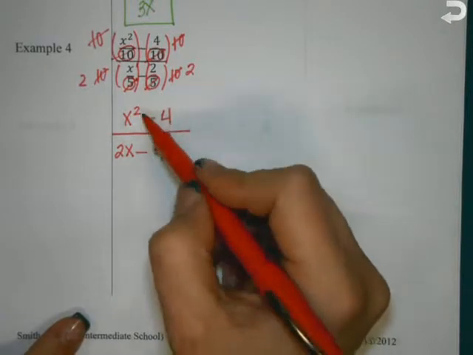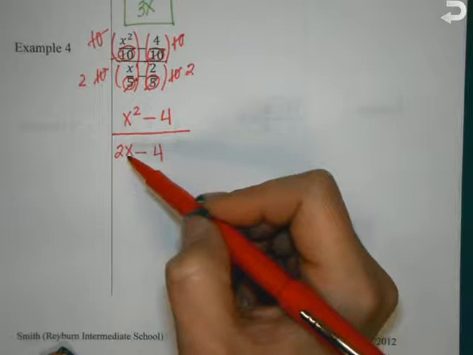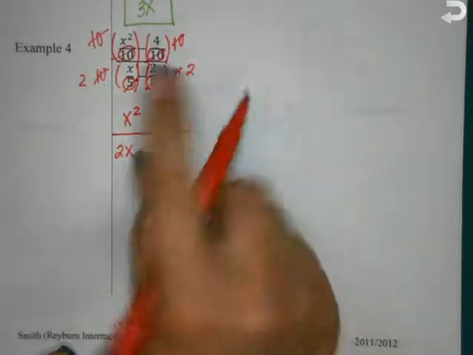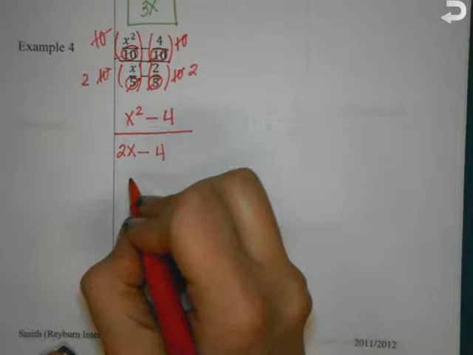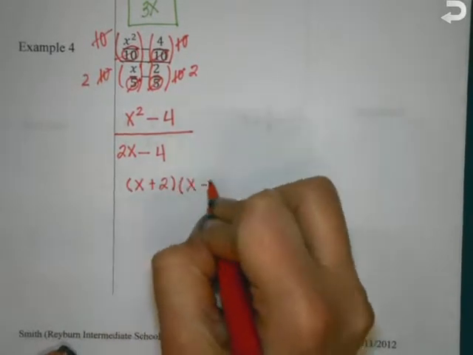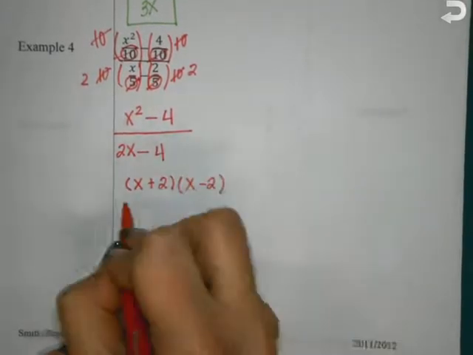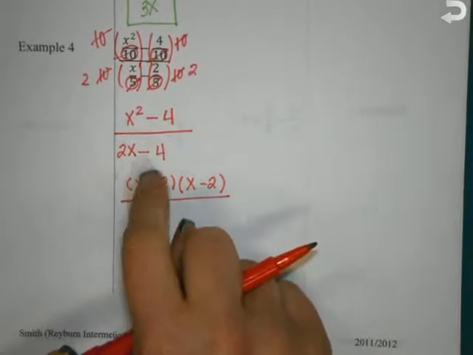The numerator is a difference of 2 squares, so that would be x plus 2 times x minus 2 all over, can this reduce? What's the GCF? 2. 2 times x minus 2. Are we done?